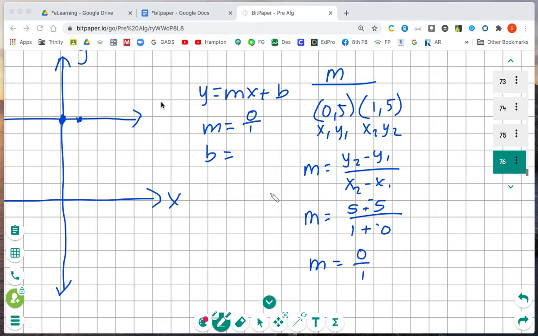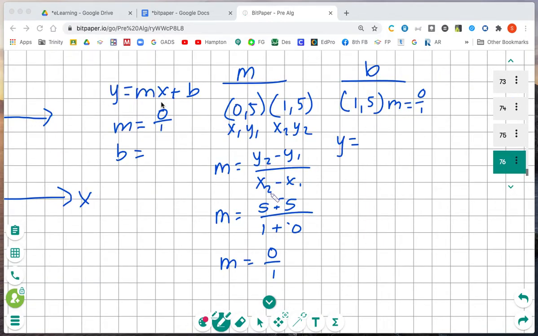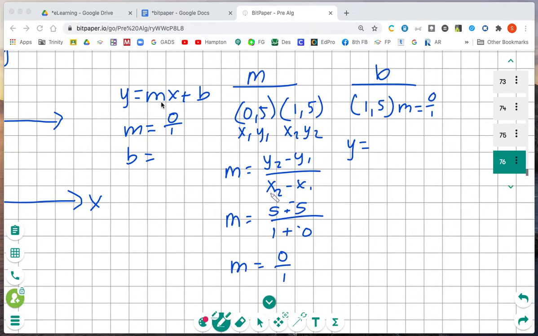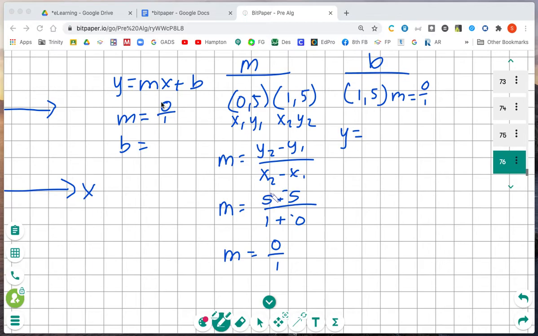Now I'm going to find my b. So for my b, I need an ordered pair, so I'm going to go ahead and use 1, 5. And I'm going to use my m, which is 0 over 1. Y equals mx plus b.